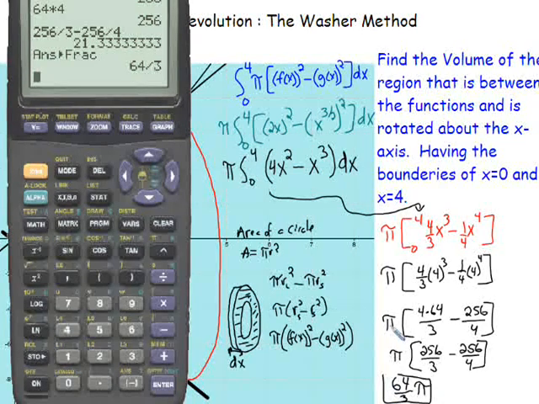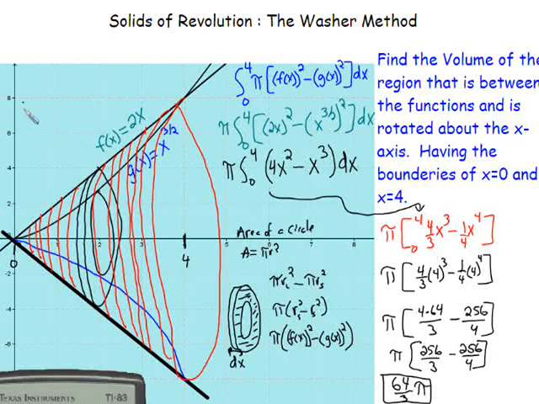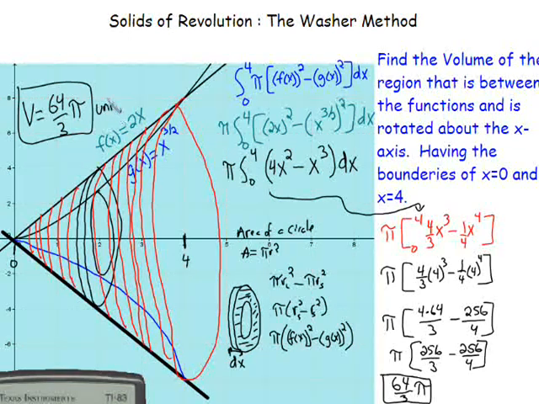That's our answer. So the volume of this, again, is going to become 64 over 3 pi. Just in case you don't see it down here, 64 pi over 3. And actually it's cubic units, because it's volume.